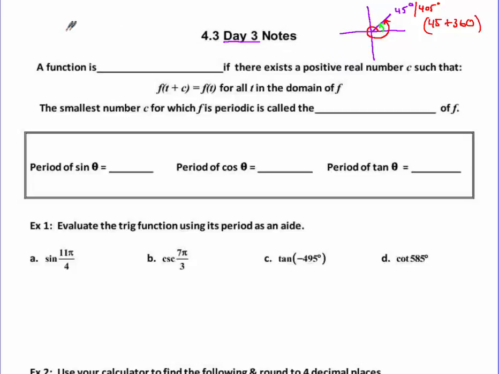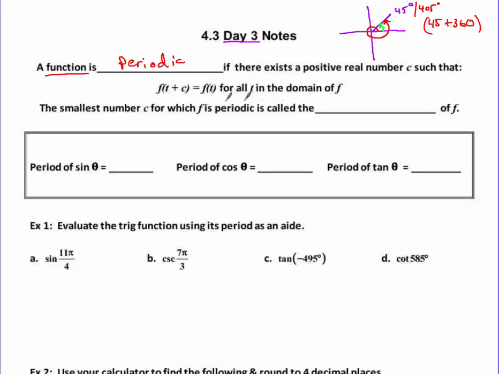You're going to learn soon that our sine, cosine, and tangent are functions, just like all the other functions we've worked with. A function is periodic if there exists a positive real number c such that f of t plus c equals f of t for all t in the domain of f.